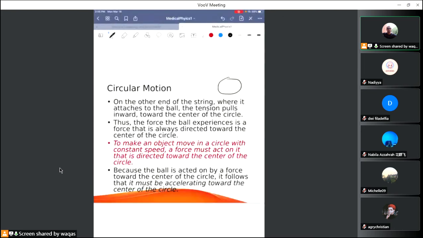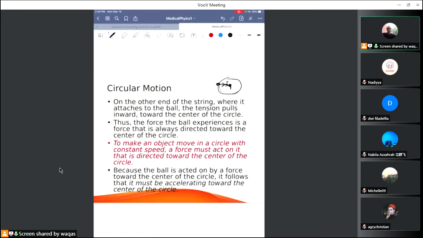If this is a string, the tension is acting in this direction, and this force is always toward the center. Some person is standing here, so they apply a force when they want to move around a circle. If there is a ball, it always has a force acting toward the center.